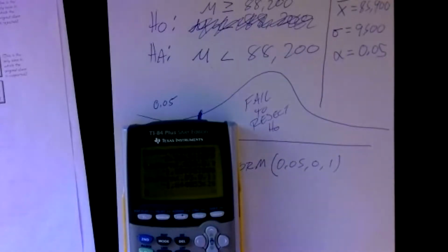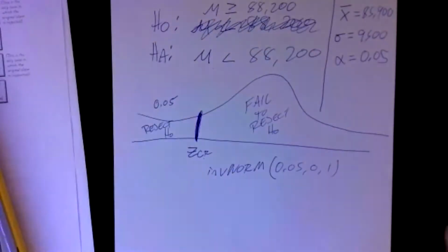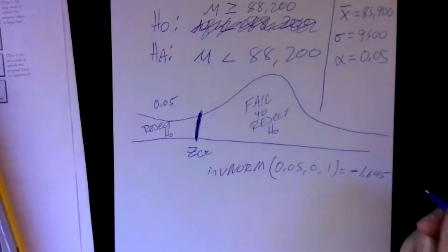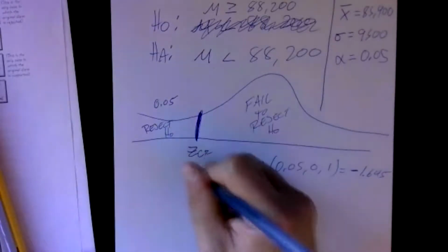Negative 1.645. Which makes sense. It's negative. It's on the left, and it should be.